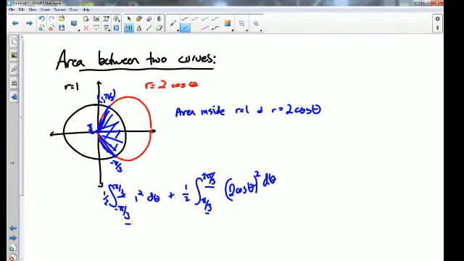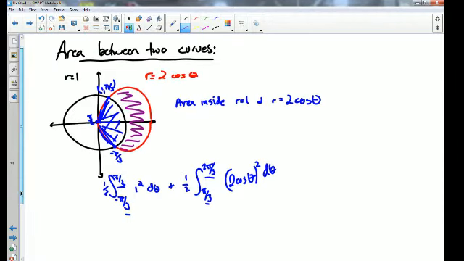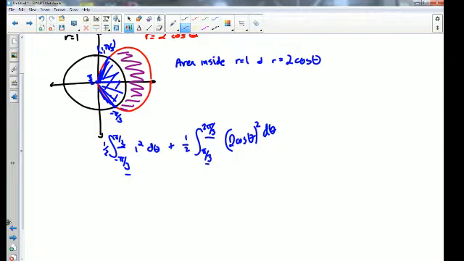How would I calculate this area? The area of that circle is just move right here. We're going to use this again, because we want to take this circle.